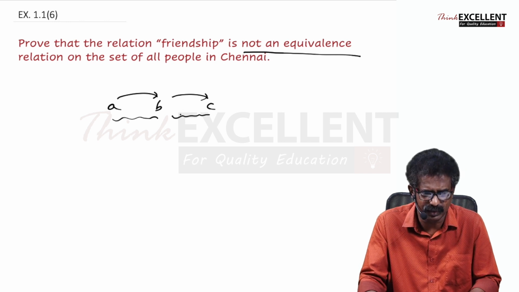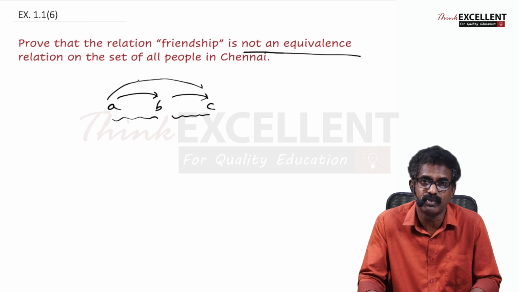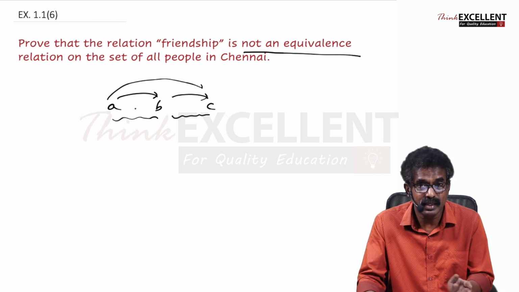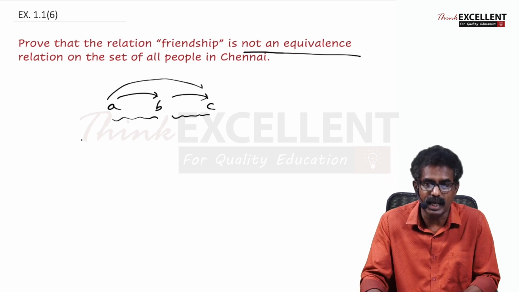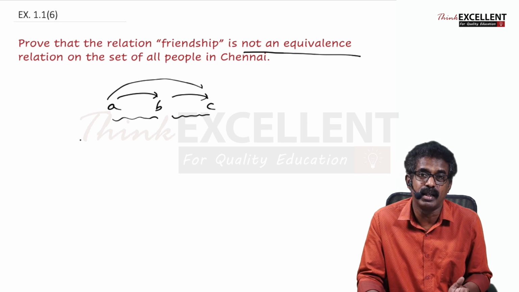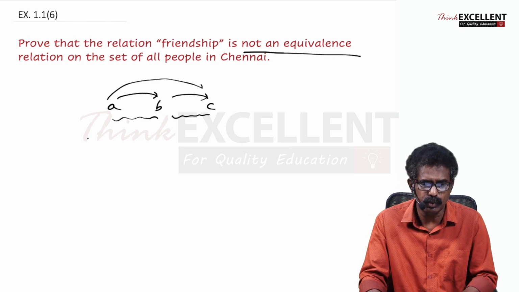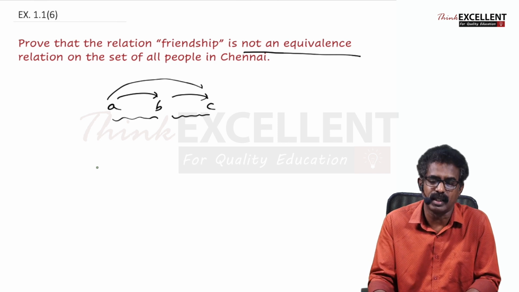But sometimes A and C may not even know each other, so they cannot be friends. They may be friends on Facebook, but that's not considered here. In some cases it may be true, but in general it need not be. A and B are friends, B and C are friends need not imply A is a friend of C. So we say it is not transitive, and since it is not transitive, it is not an equivalence relation.